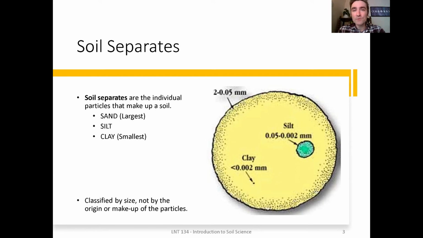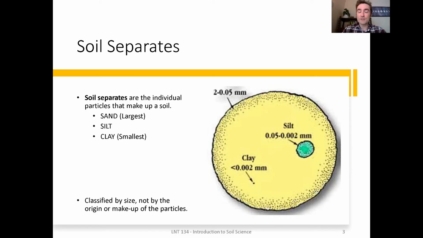In fact, everybody knows what sand is because it's in the playgrounds and on the beaches. But all it really is is a size of a particle. It doesn't matter what the particle is made out of. It could be quartz or silica, or it could be other minerals that are in that particle. This is just a size classification.